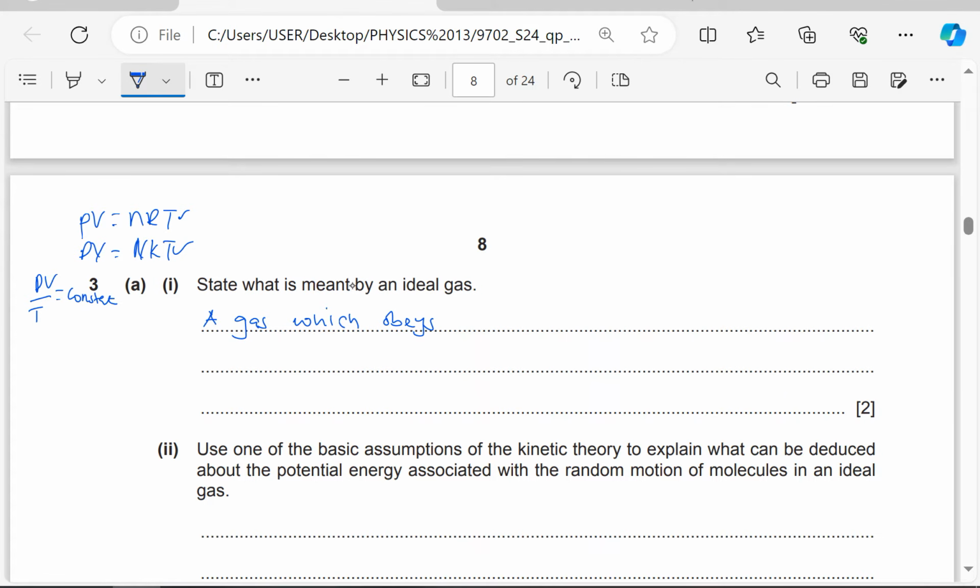So a gas which obeys PV over T equals a constant, where I'll just define these letters, where P is the pressure of the gas, V is the volume of the gas, and T is the absolute temperature or the thermodynamic temperature.